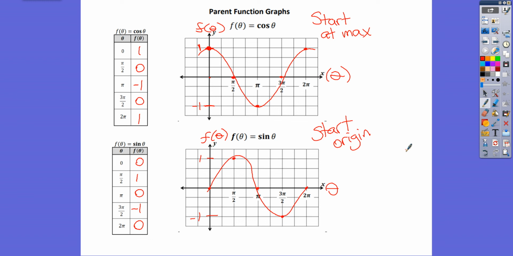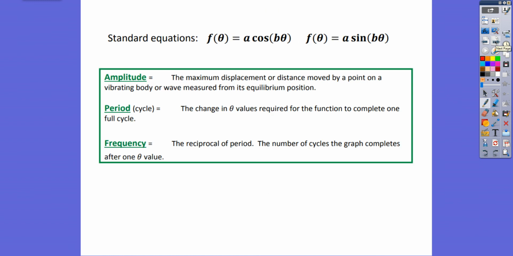Alright, for today though, there's only going to be a couple translations or transformations. Same thing we did in chapter 5, chapter 6 there. Now to do that, in our standard equations for cosine, there's an a value and there's a b value. Same for sine, we have an a value and a b value. The amplitude is the maximum displacement or distance moved by a point.